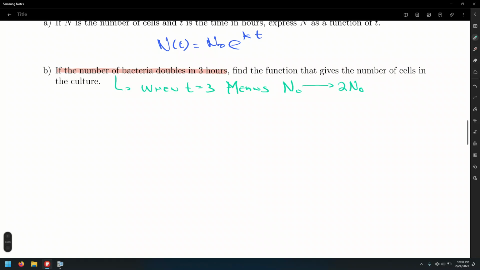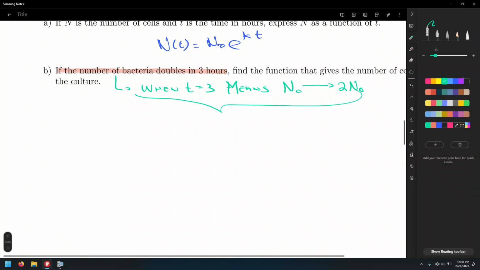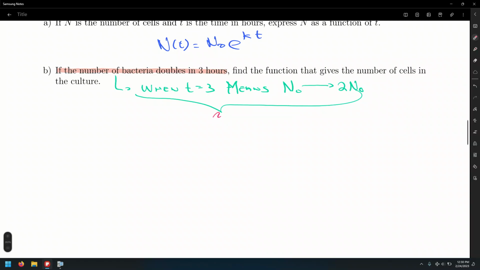Well, we need a mathematical sentence here, a logical sentence that represents this situation, so we can implement that in the mathematical model that we're working on. In other words, all these ideas put together mean that N of 3 equals 2N initial.